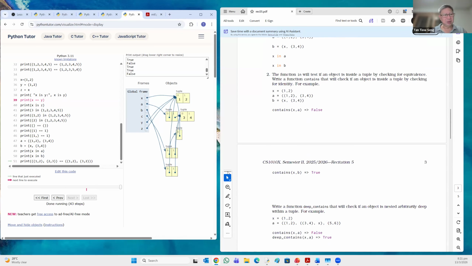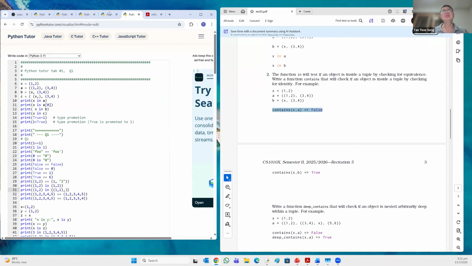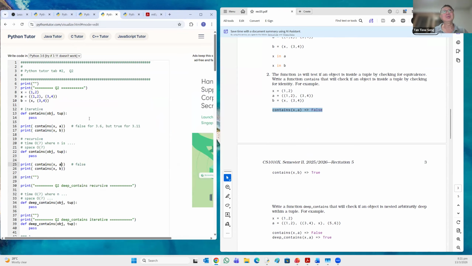Right, Prof, now we need to do question number 2. For question number 2, this is actually talking about 3.6. All right, can you post your answers to the chat box and then I can see? Question 2.